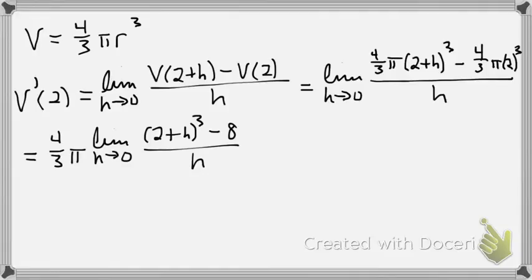You guys agree? That was one of our limit properties. If we have a constant multiple, it just comes along for the ride, and if it just comes along for the ride, we can put it out front. So you have 4/3 pi, limit as h approaches 0, and we multiply out this cube, right?